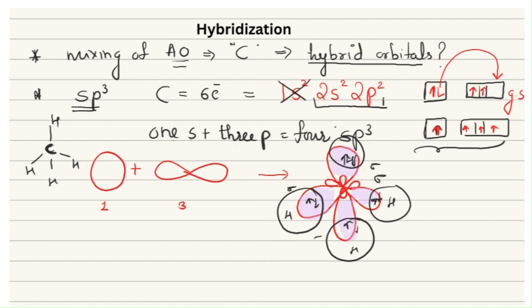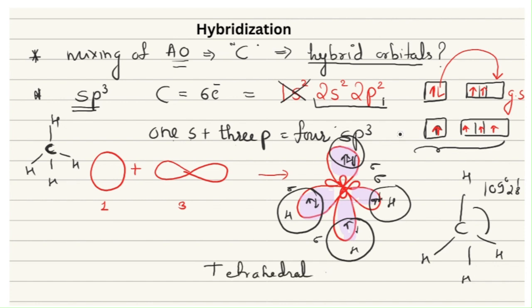So by this we can decide that the carbon is sp3 hybridized and the bond angle here is 109 degree 28 minutes. And what is the shape of the molecule? It is tetrahedral in nature. This is how we do sp3 hybridization for alkanes, to be specific, methane molecule. Now let's see for alkenes and alkynes, which is sp2 and sp respectively.